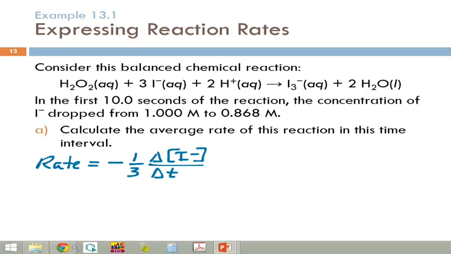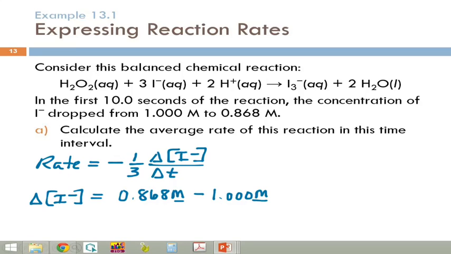So what is the change in reactant concentration? We'll take the final, the last one, 0.868. And the initial was 1, so minus 1.00. Negative 0.132. That sounds good.